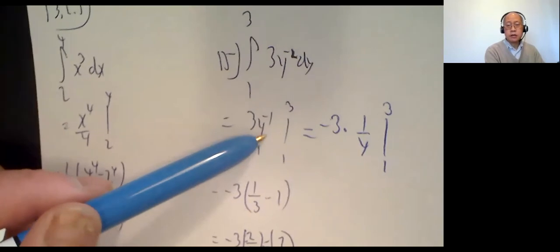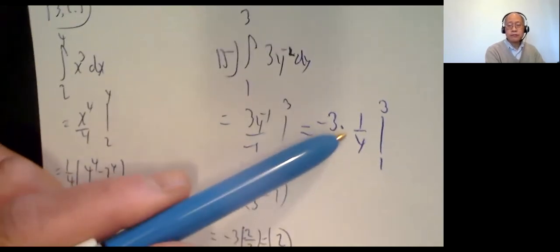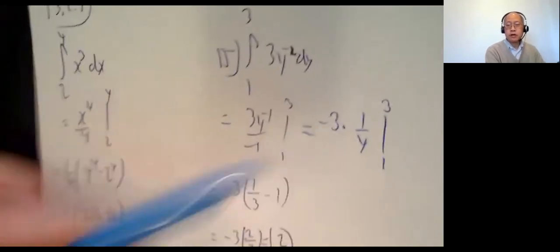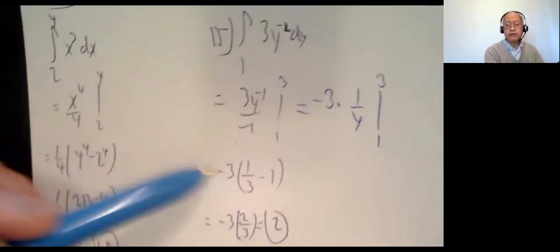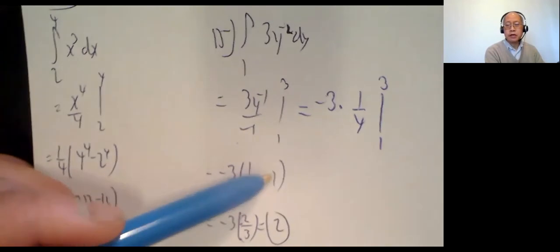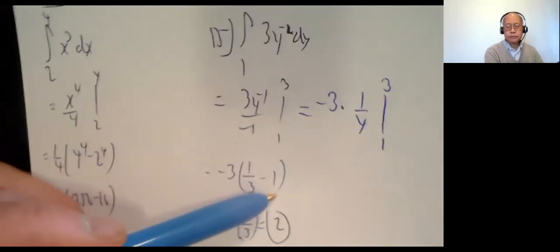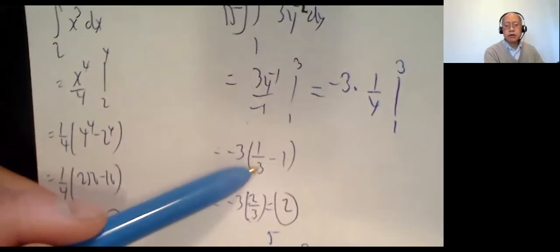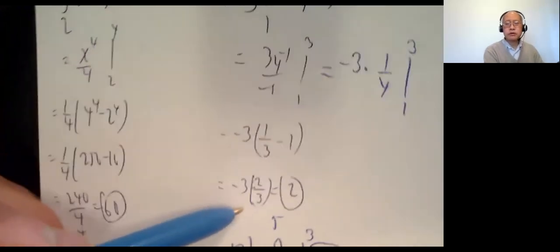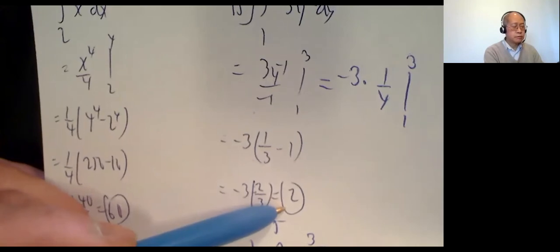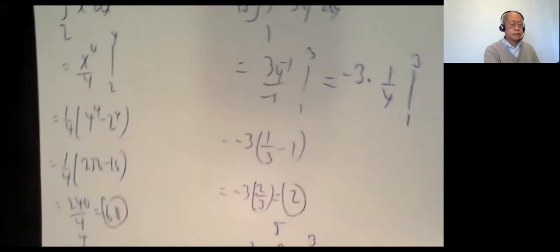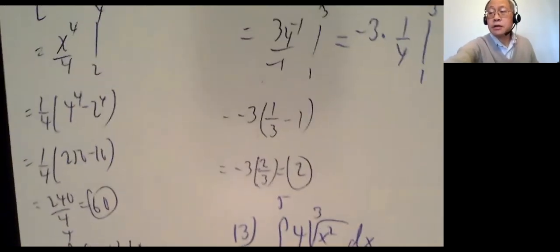Y to negative 1 is 1 over y. Take out the negative 3, 1 over y from 3 to 1. Plug in 3, you have 1/3, minus plug in 1, you get 1. Negative 3 times 1/3 minus 1 is negative 2/3. And negative 3 times a negative 2/3 is a positive 2. And that's it.